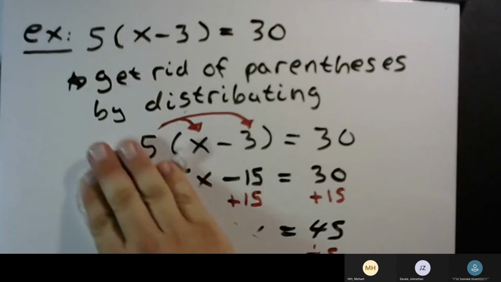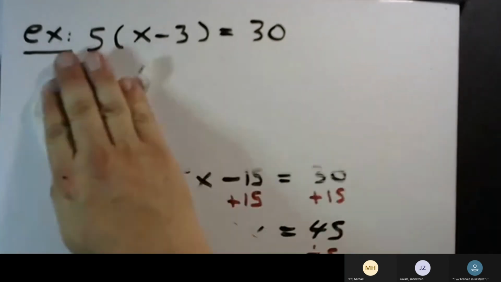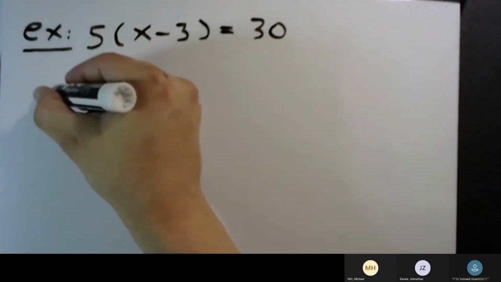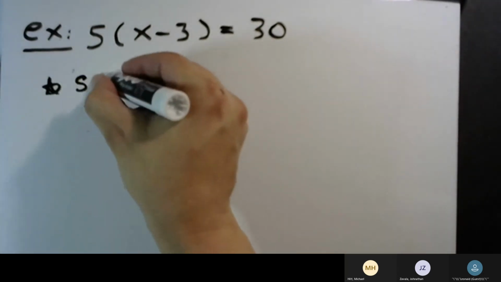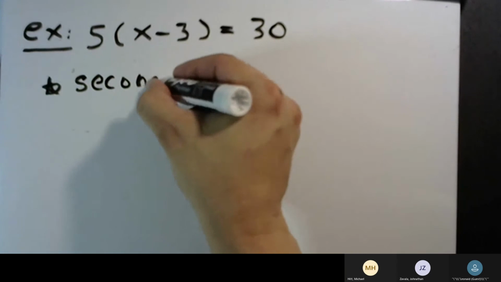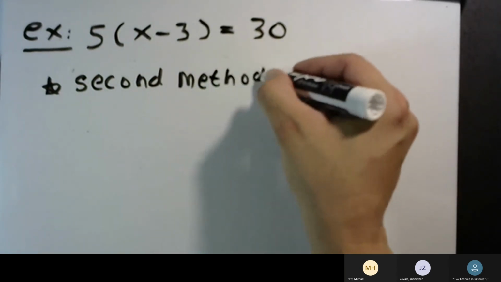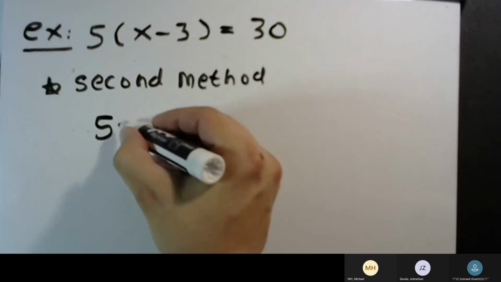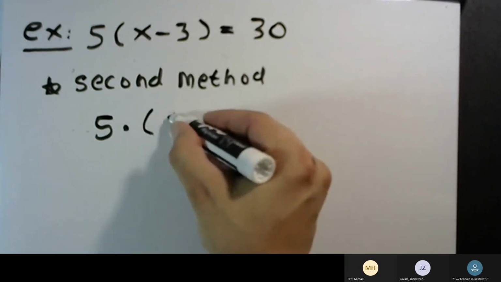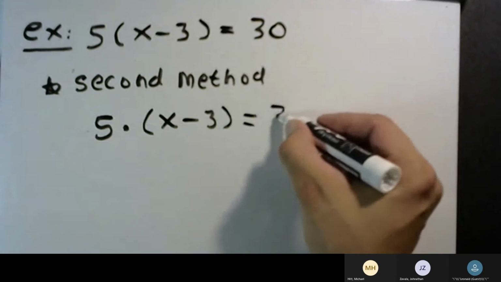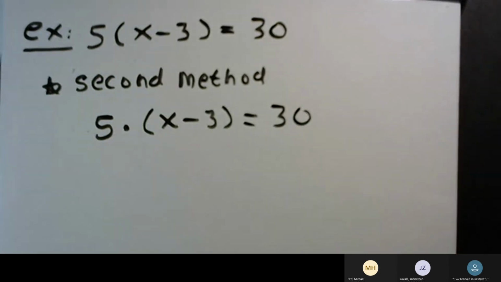So the other way of doing this, again, if I'm going too fast, let me know. So the second method, we recognize this is 5 times x minus 3 in parentheses.